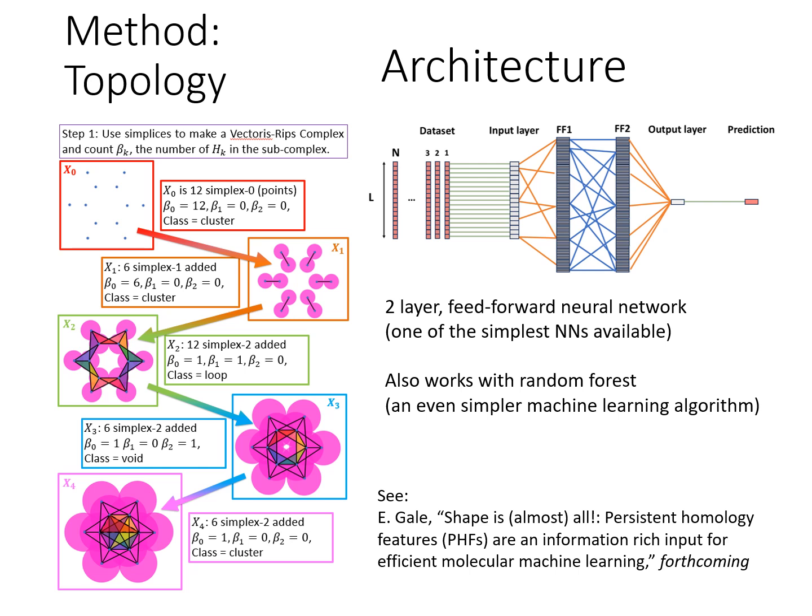This will give us the PHF featurization, which is very, very small, and thus we can use incredibly simple architectures in order to solve these problems. For example, all the neural networks in this study are 2-layer feed-forward neural networks, which is one of the simplest available, of 100 units per layer or 50 units per layer.